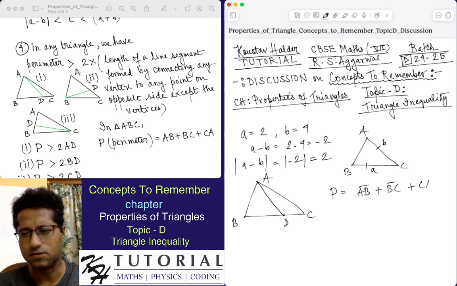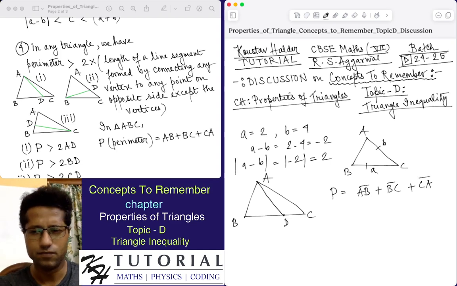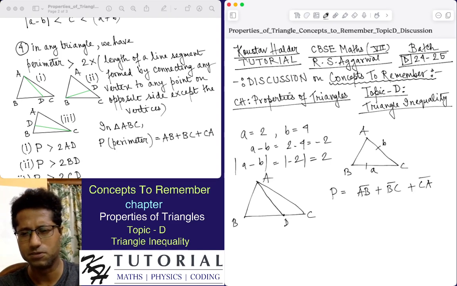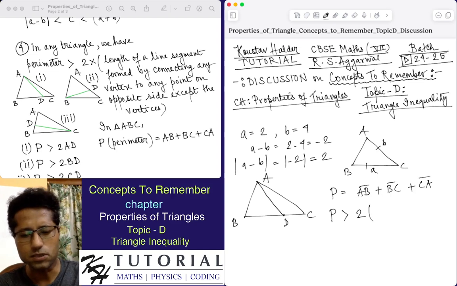The perimeter is the sum of the lengths of the sides of a triangle. Now, using the concept of triangle inequality, we will have that the perimeter of the triangle P will be greater than 2 into AD.